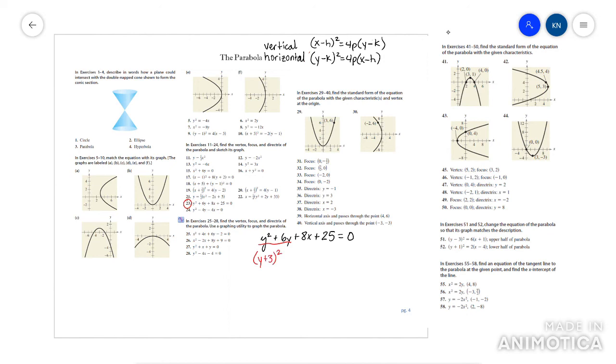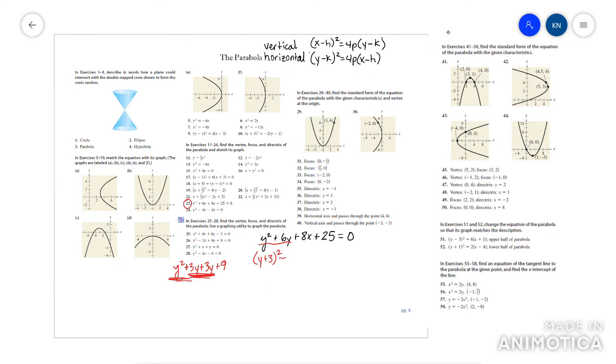So if you FOILed this out, you would get y squared plus 3y plus 3y plus 9. So really it's y squared, and then plus 6y, but then you have this random plus 9 at the end. You can't just add 9 to an equation out of nowhere.